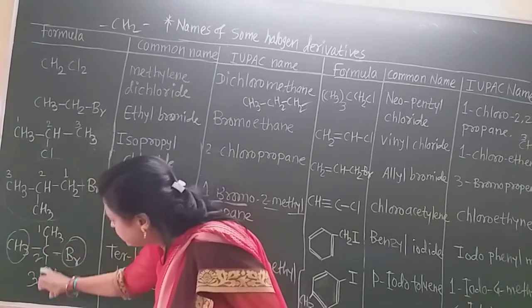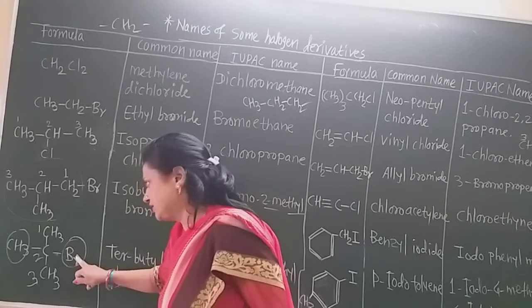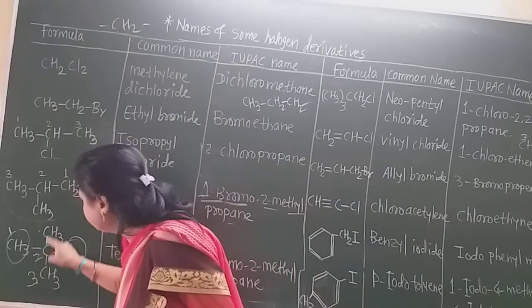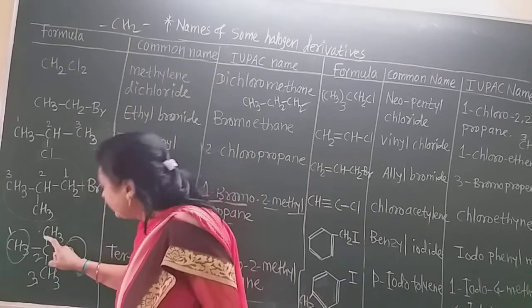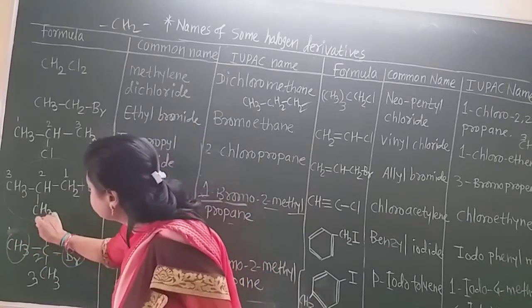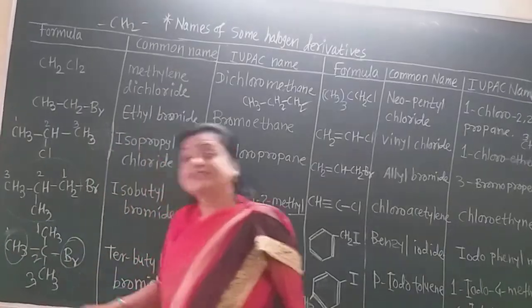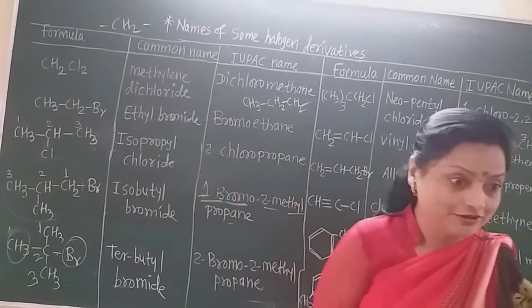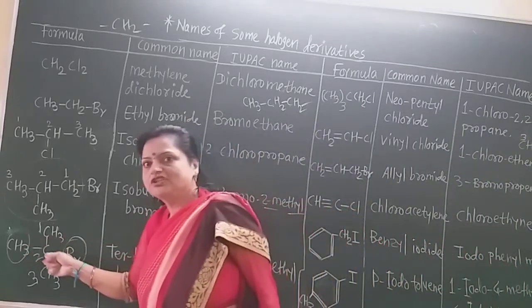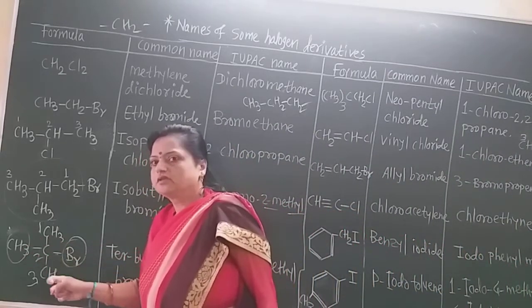If we give the numbering 1, 2 and 3 in either way, these two are the substituents and they are on the second carbon. The substituents are always on the second carbon atom.